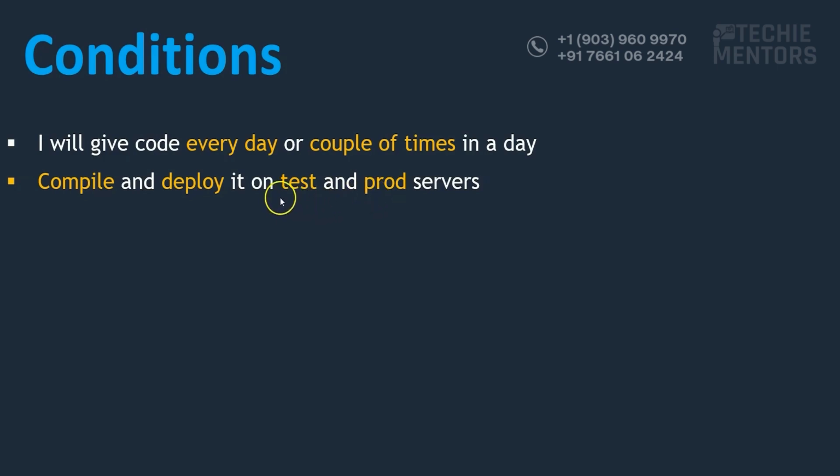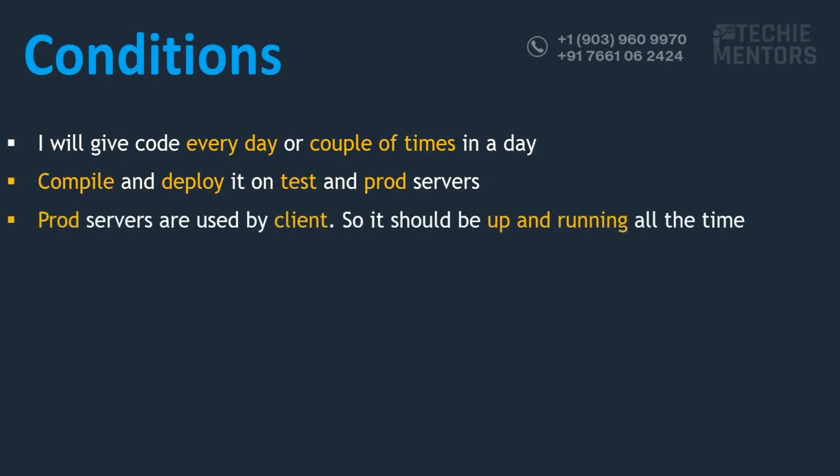So he is asking us to compile and deploy it on a test environment first to test it, then onto production servers. It means we need to compile and deploy this code every day on test environments as well as production environments. If it is once, again, it could be easy, but if it is multiple times, maybe I need to think about some automation or using some tools.